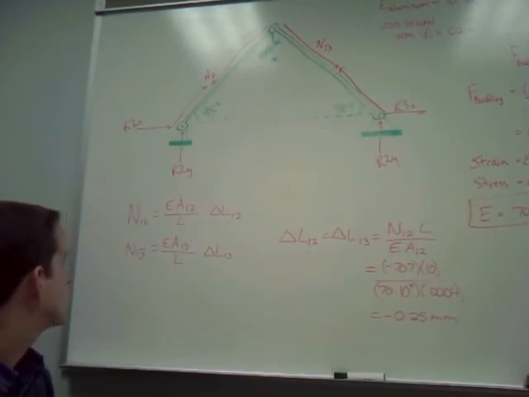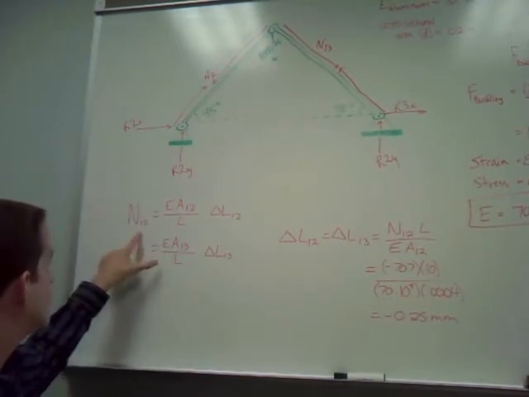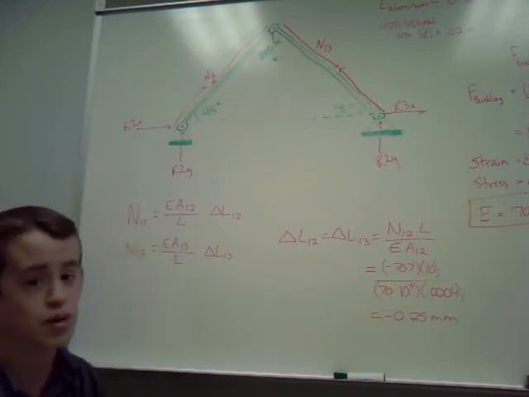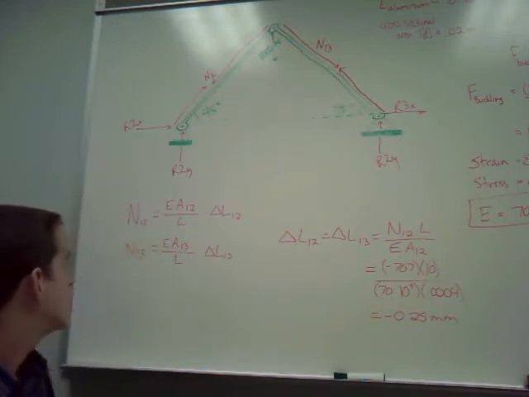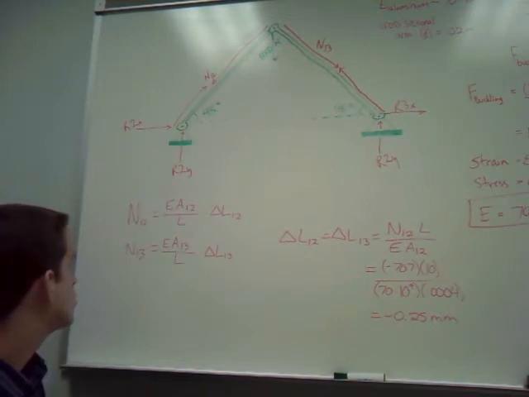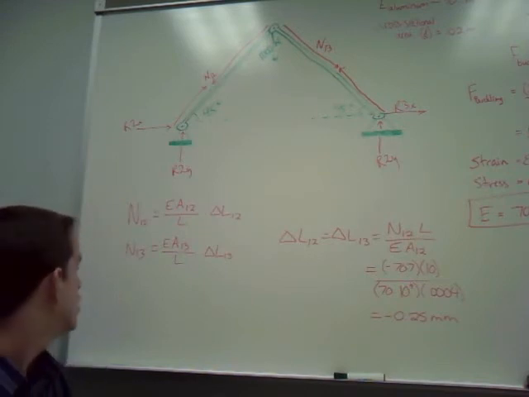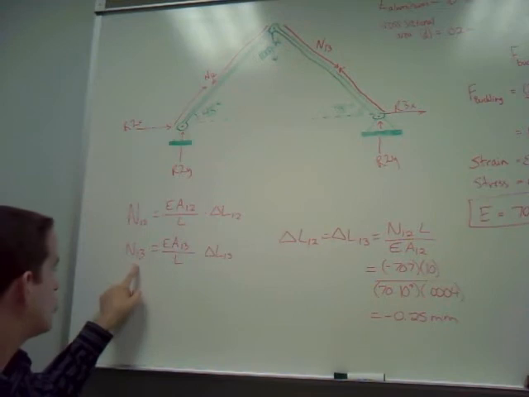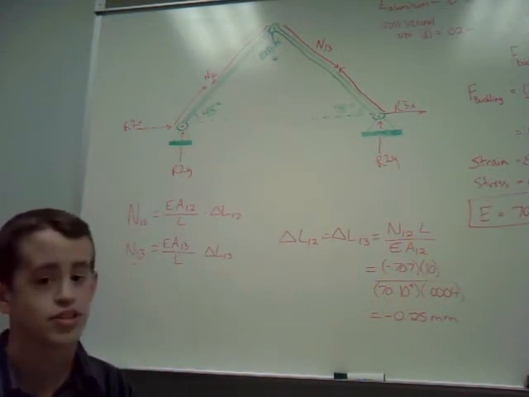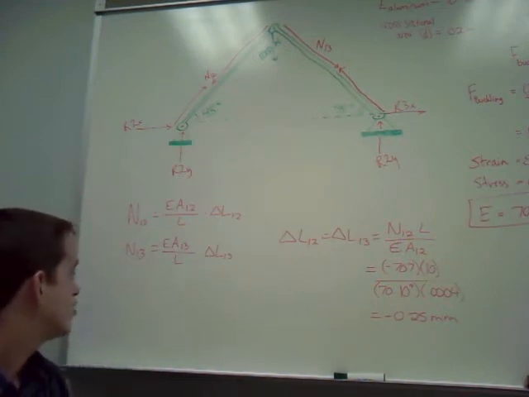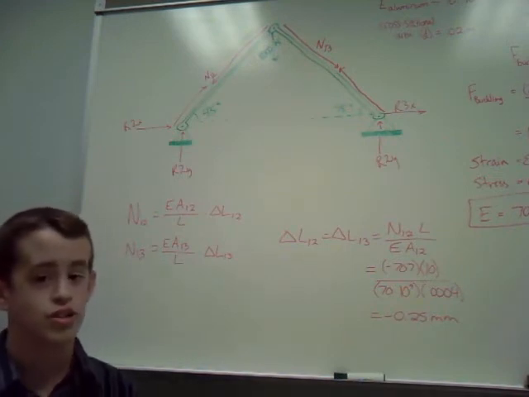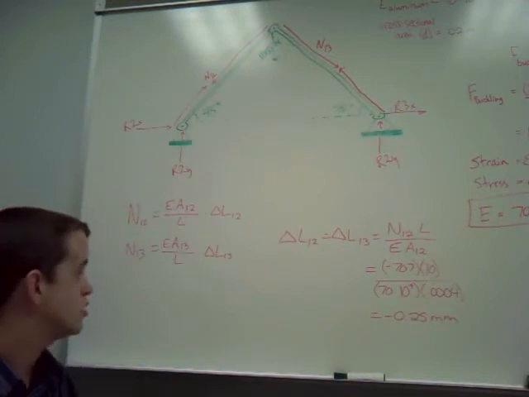We can write out these forces as the internal force between joints 1 and 2 is equal to Young's modulus for aluminum, the area between 1 and 2 divided by the length times the change in length. And the internal force between joints 1 and 3 is going to be Young's modulus times the area divided by the length times the change in length of the bar between joints 1 and 3.